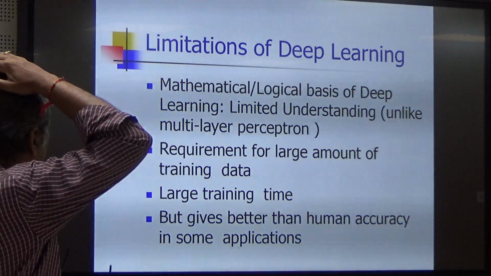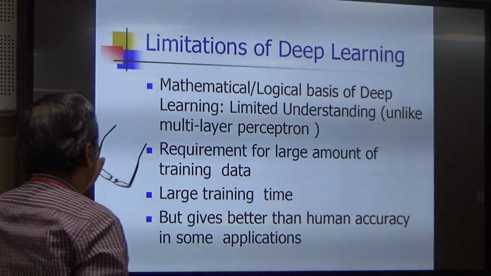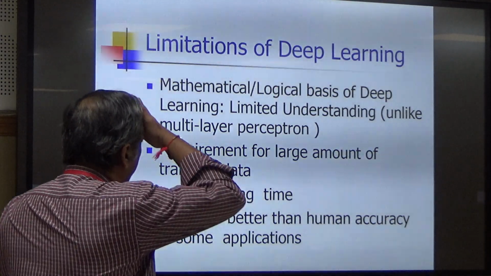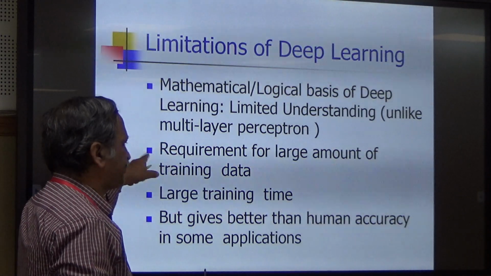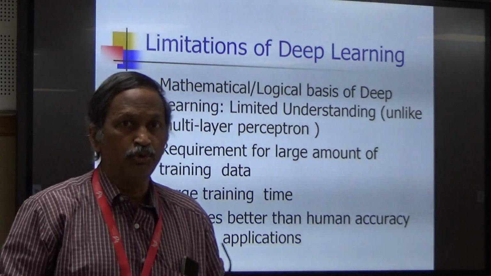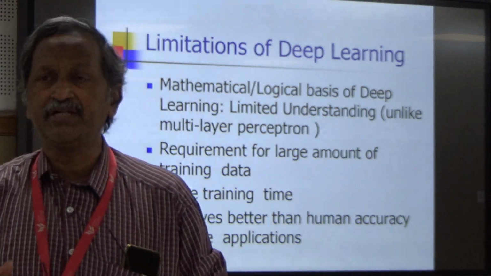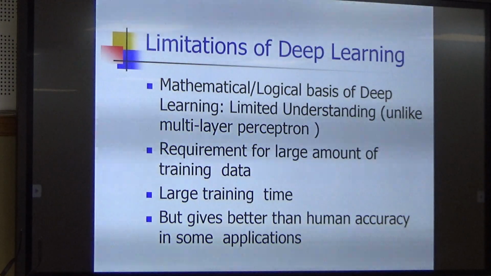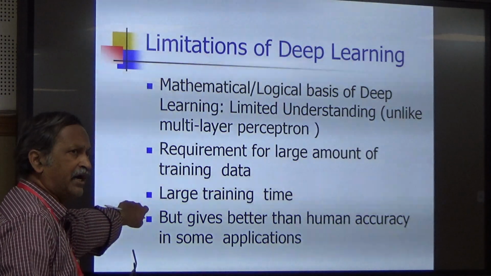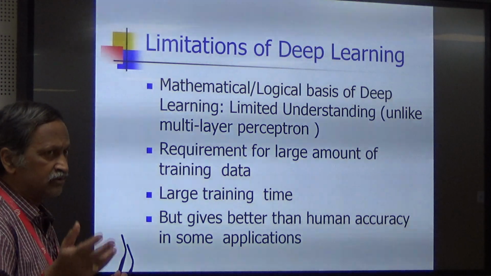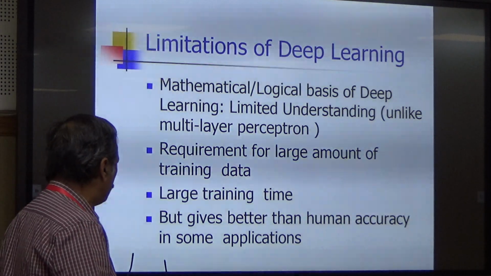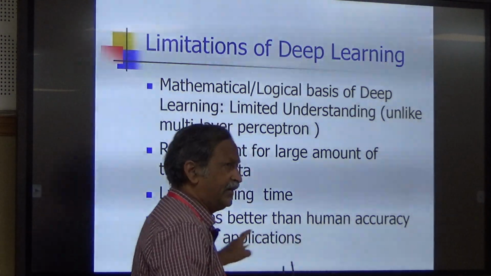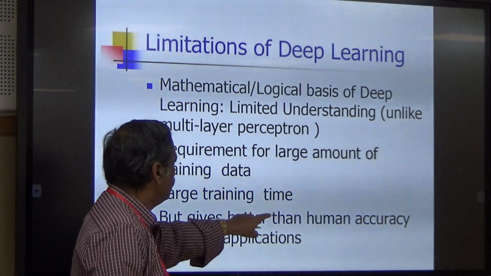We have a limited understanding, unlike multi-layer perceptron. There is a requirement for a large amount of training data; you need a large amount of data to get good accuracy. And large amount of training time. It takes maybe sometimes a couple of days or more, but gives better than human accuracy.